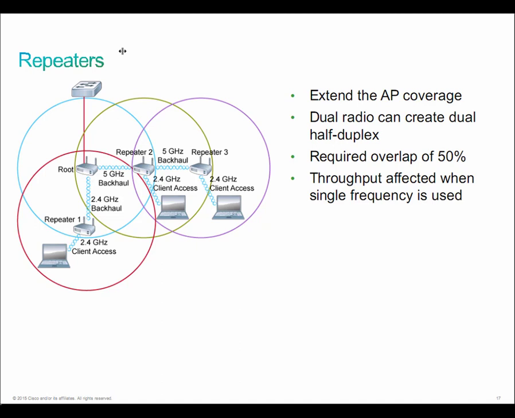So you might want to extend your wireless network to include that area. It's different than a workgroup bridge, because in a workgroup bridge scenario, we're extending our network to wired devices. But in repeater mode, we're just extending the wireless signal to other wireless devices that are not in range. So that's what a repeater does.